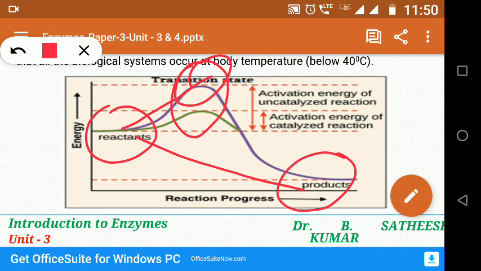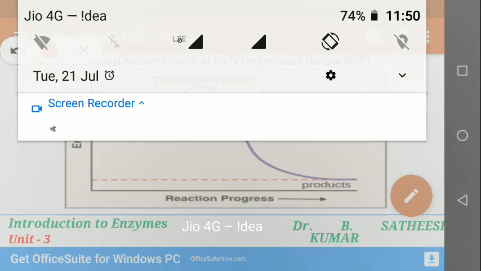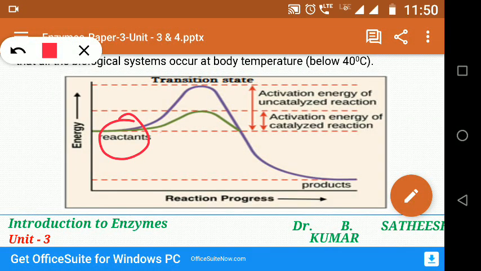What happens when we use the enzymes? The enzymes will lower the activation energy. So that means the energy required to reach the transition state in an enzyme catalyzed reaction is very less.